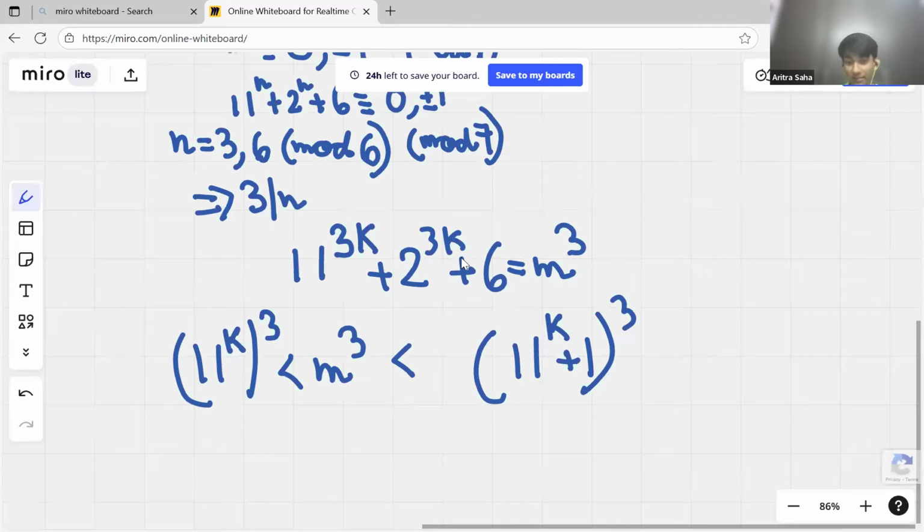So you want this number to be less than that number, which should be in most cases. You can see 2 to the power 3k is like 8 to the power k, and this will be like 11 to the power k only.